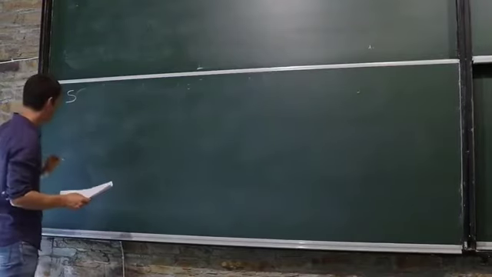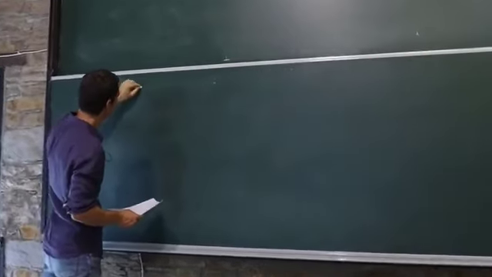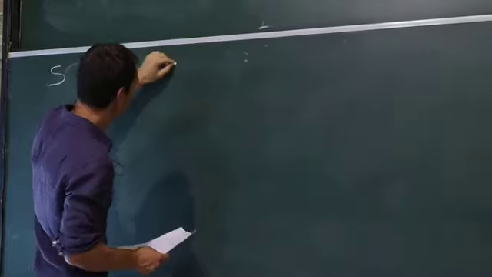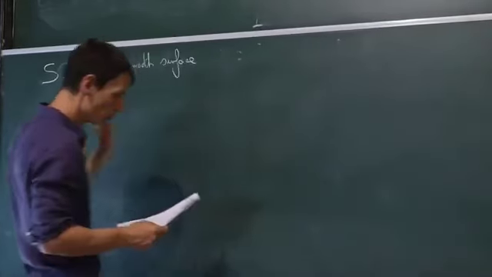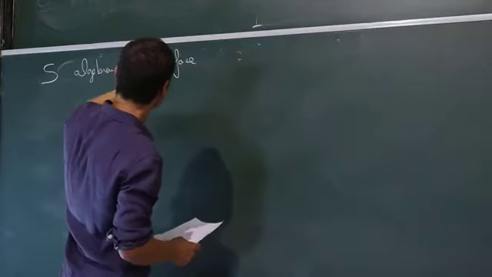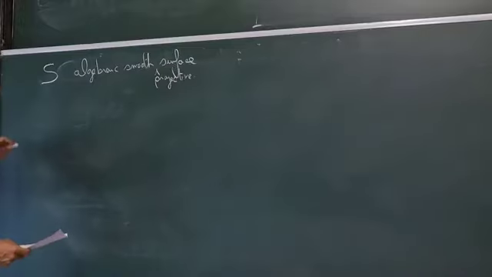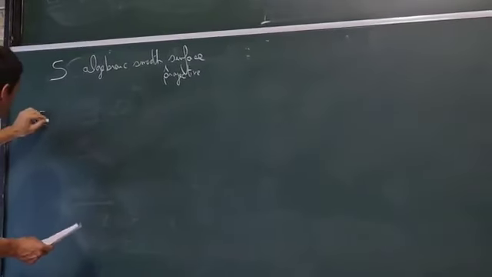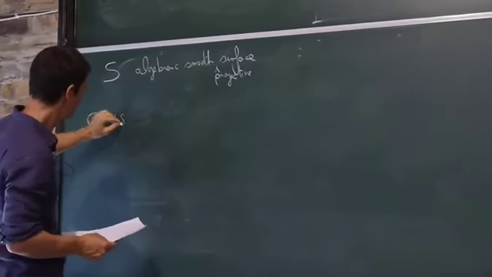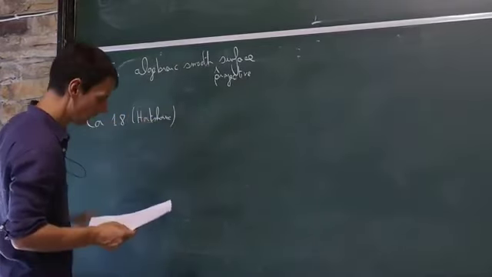So S is going to be a smooth algebraic projective surface, so of dimension 2. I will refer to the book of Hartshorne, Algebraic Geometry, chapter 5, for some of the results. This is what is called Corollary 1.8 in Hartshorne.